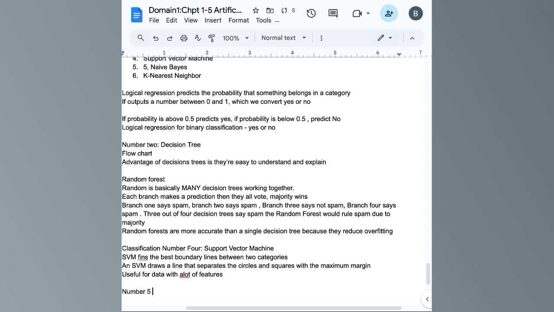Number 5 is naive Bayes. It uses probability to make predictions. So basically, you're given a description, and the question is, what's the probability of each category?